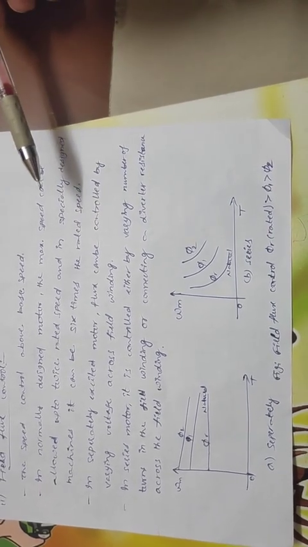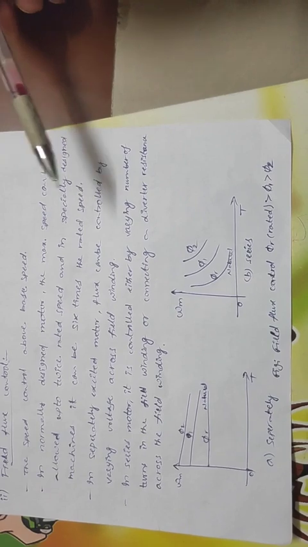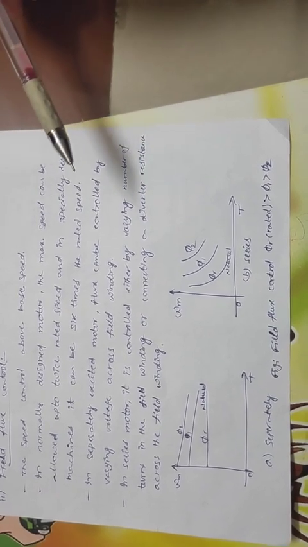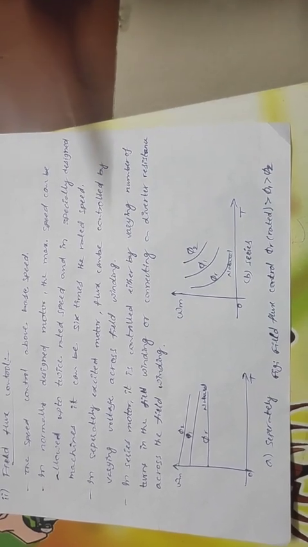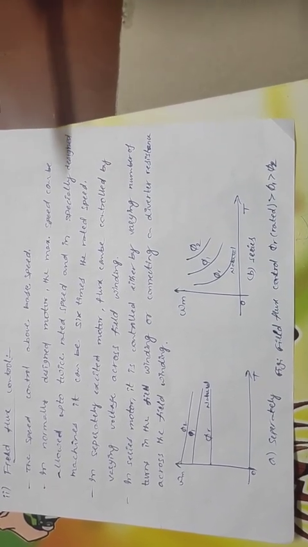And in specially designed machines, it can be up to 6 times of its rated speed. Specially designed machines, generally we can run with more RPM.